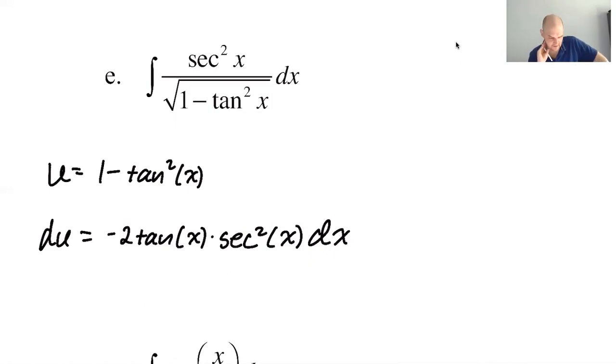What's going on here? 1 minus tan squared is negative. What is 1 minus tan squared? I don't think 1 minus tan squared is anything. Secant squared is 1 plus tan squared. -2 tangent times the derivative of tangent is secant squared. Does this not work?